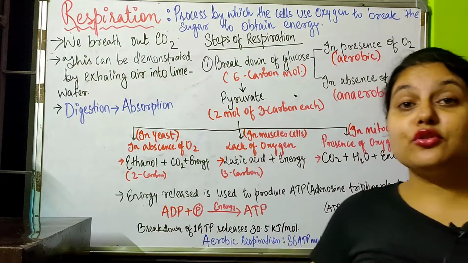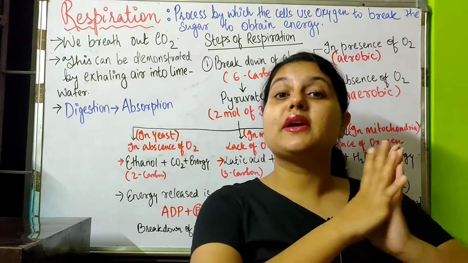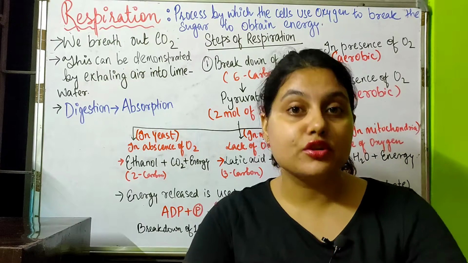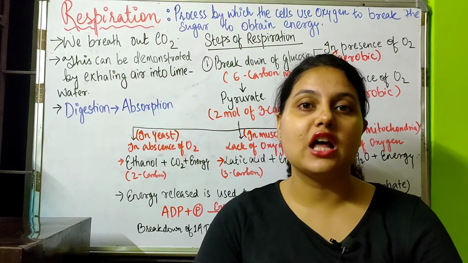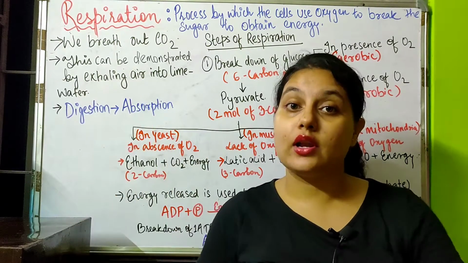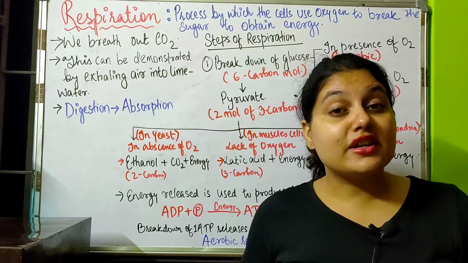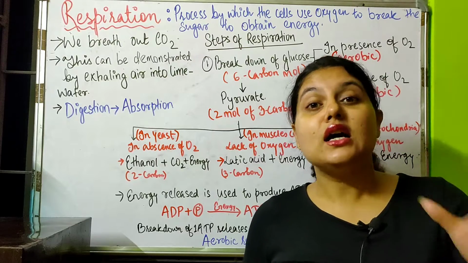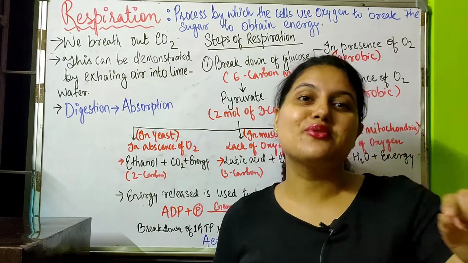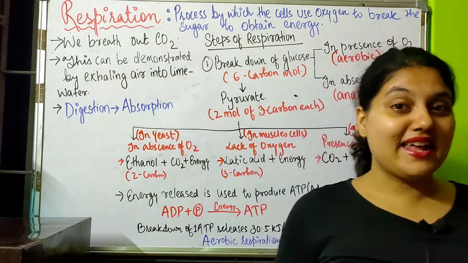After this video we will be studying about breathing, the mechanism of breathing, what happens during breathing, what changes happen in our diaphragm or in our lungs while we breathe. But in this part we'll only be studying how the component of the food, that is glucose, breaks down to produce energy.